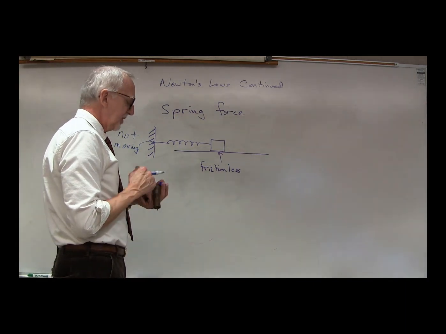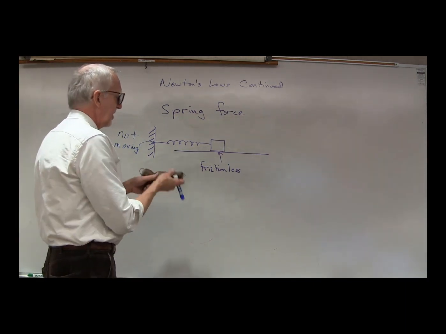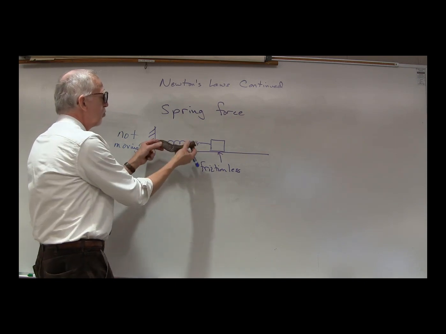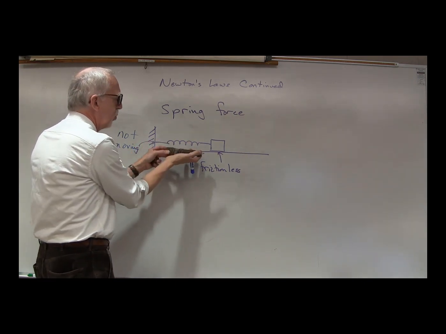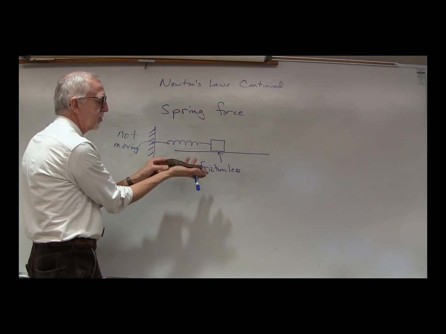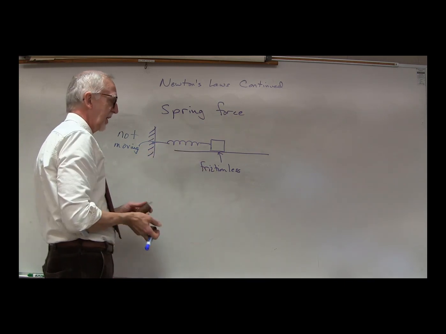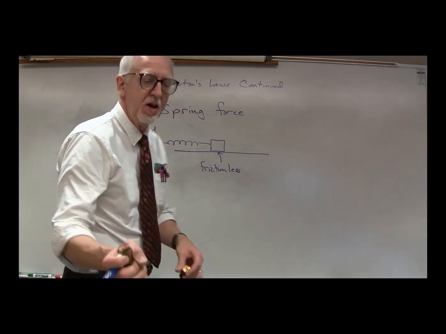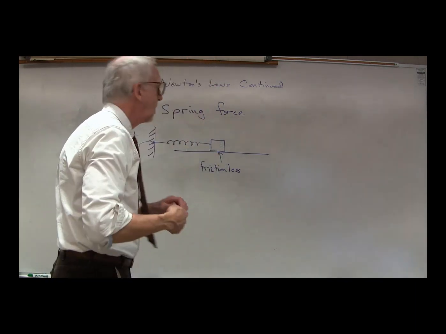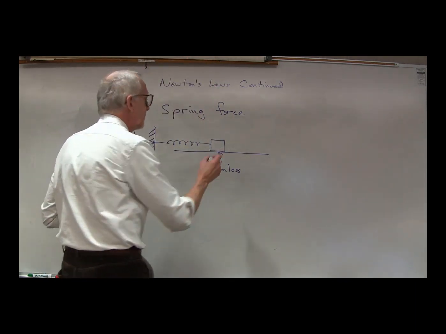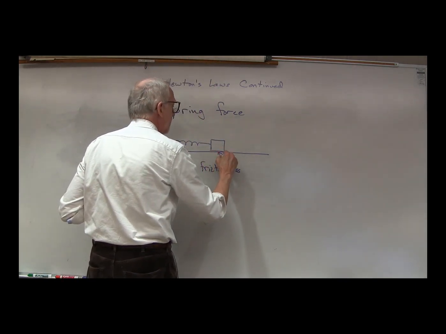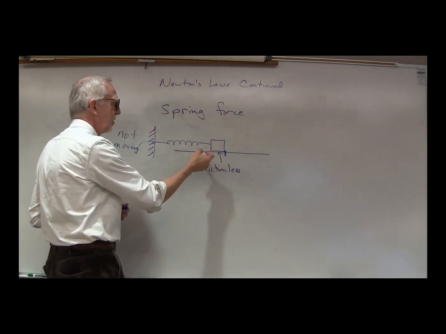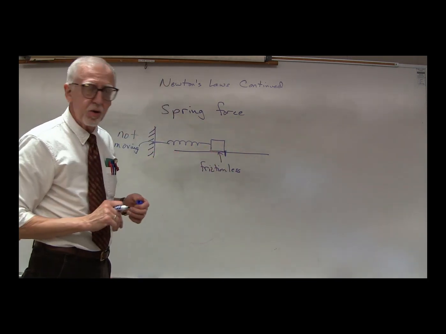When we have this set up, we notice that there is some rest length for the spring. So when there's no force acting on it, the spring has some certain length. We'll mark the position of where the mass is. You can mark the front end or the middle or the back, however you want to mark it.